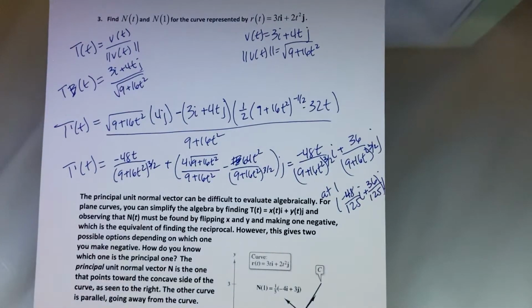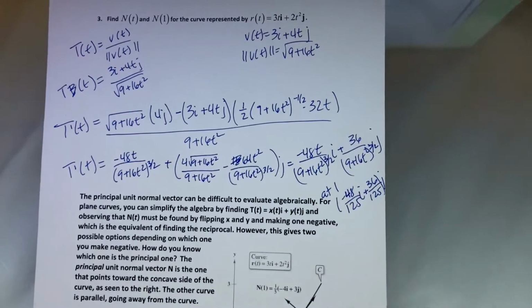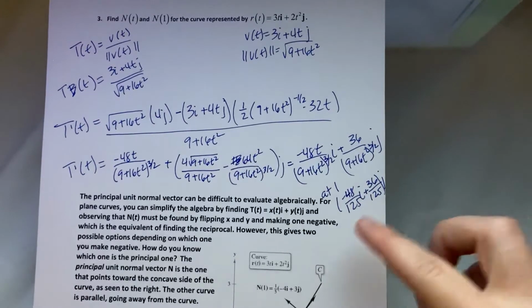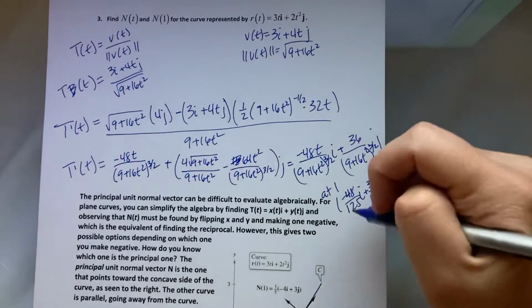Okay, calculus, we didn't actually finish this problem. Remember, to find the N of t, technically we're supposed to take T prime of t and divide it by the magnitude of T prime of t, which really is just looking at the ratio of the x and y components. Now you notice that's a 4:3 ratio, so this will end up being 4:3:5.